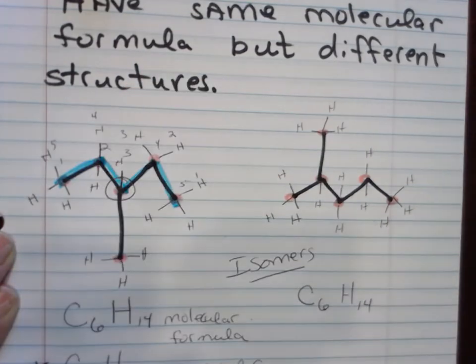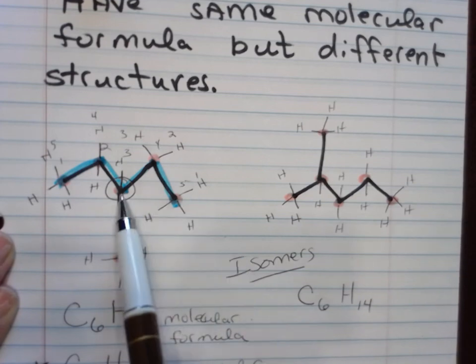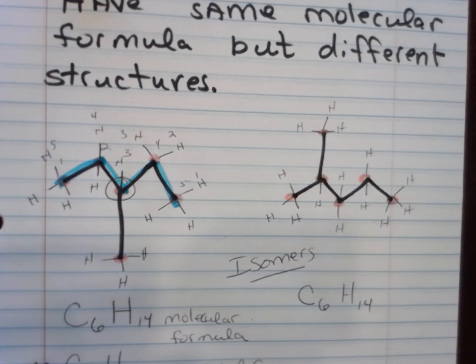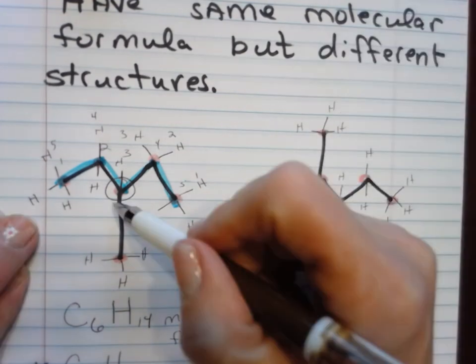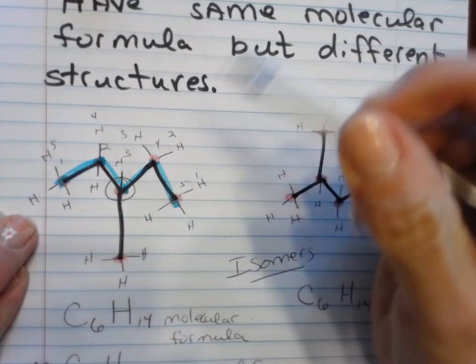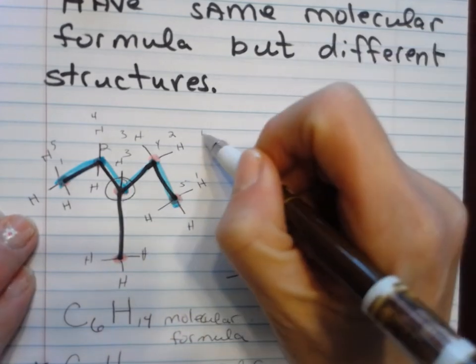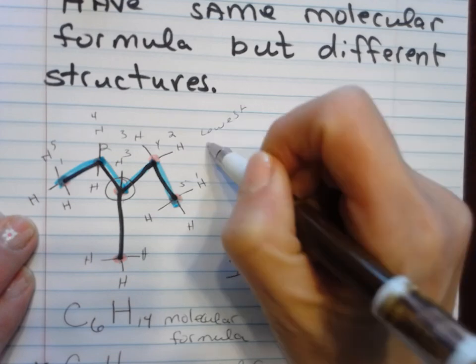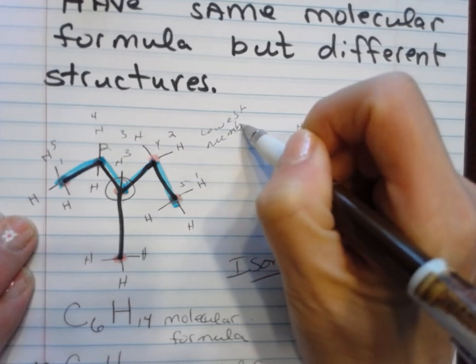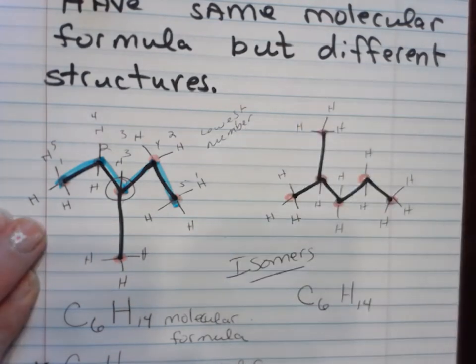So no matter which way we number it, we're going to get this substituent at the third carbon. Remember, the way that you number them, the substituent or the group that you have has to be at the lowest number, and they have to be in alphabetical order.